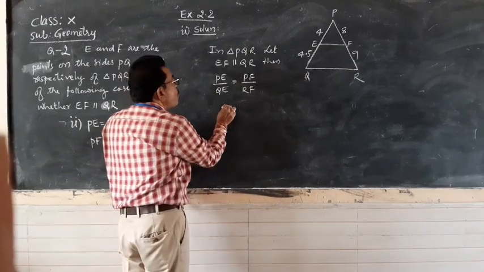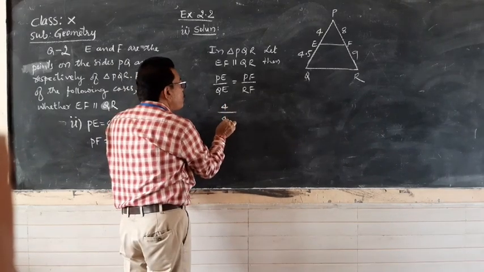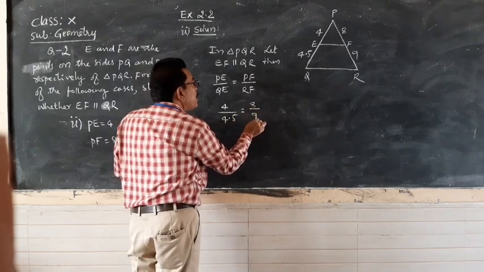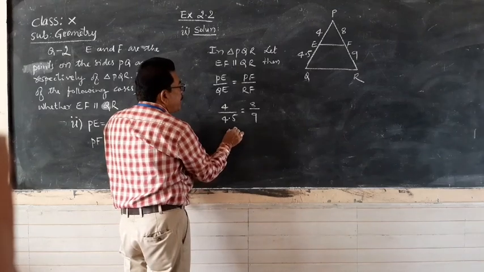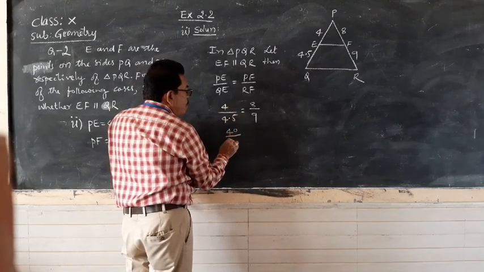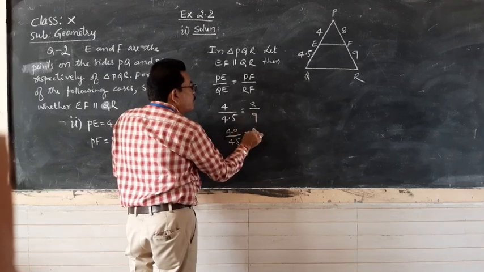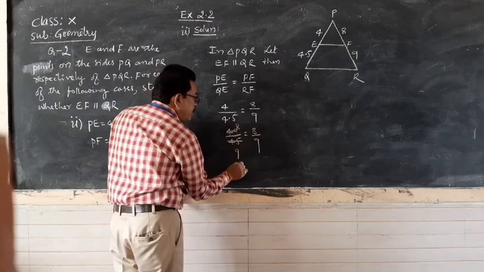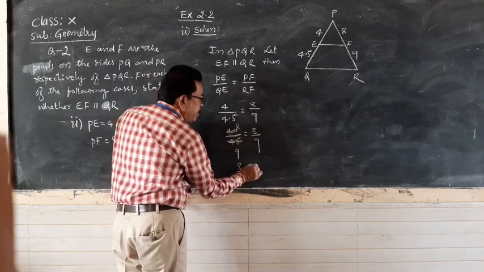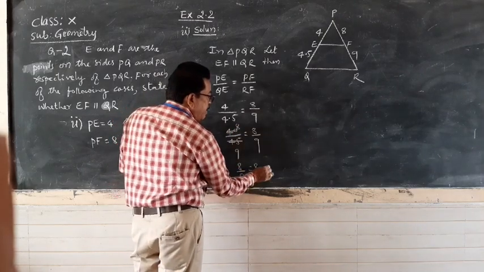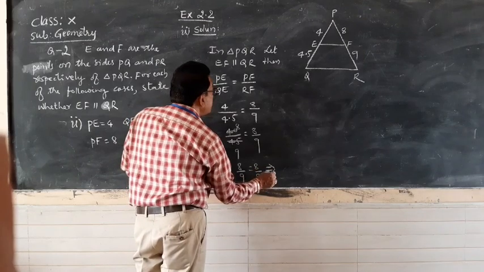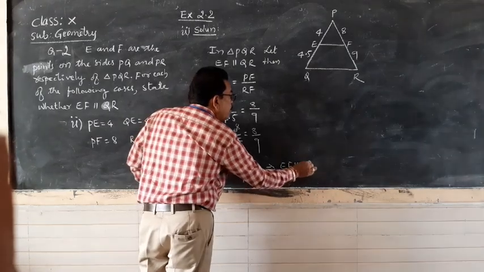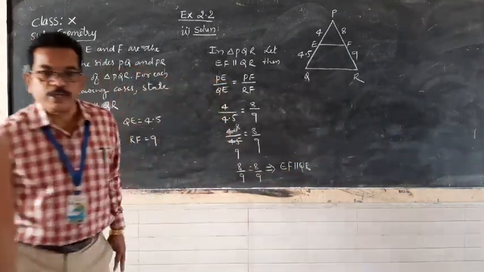PE 4 divided by 4.5, that is 8 divided by 9. After simplification, 40 divided by 45 equals 8 divided by 9. 5 9s are 45, 5 8s are 40. 8 by 9 is equal to 8 by 9. That implies, what does it imply? EF is parallel to QR.